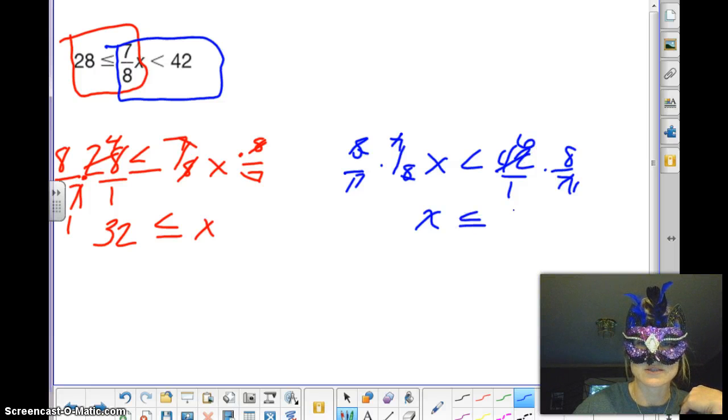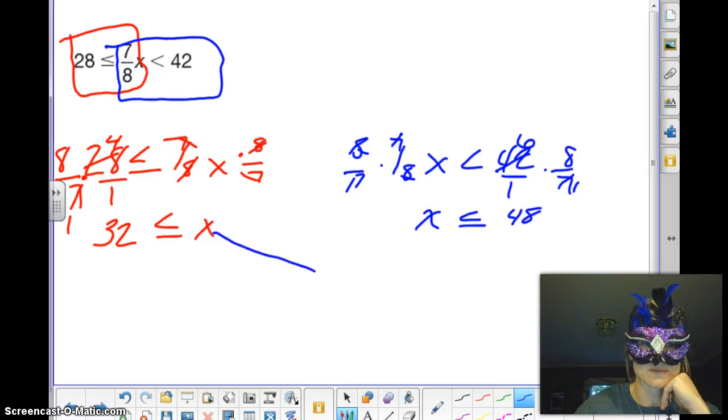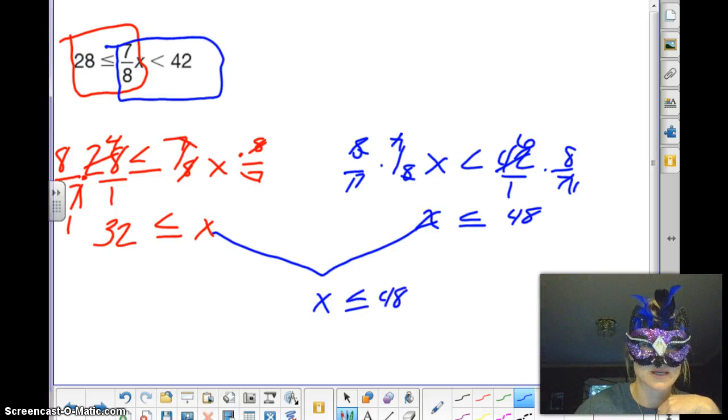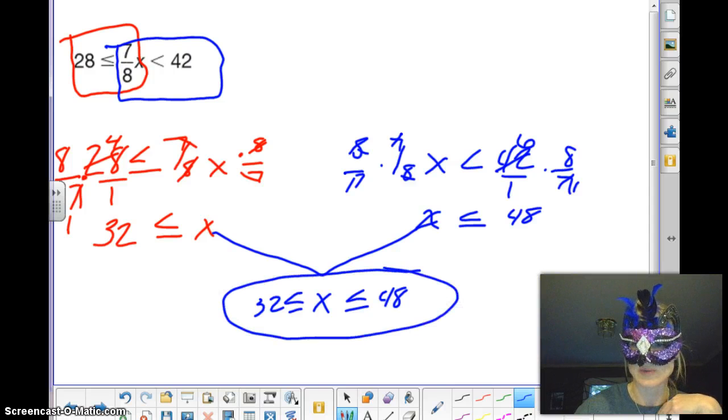Multiply straight across, and that will give me 48/1, or 48. So again, my x's are together here, so we're going to bring that down into 1. And then I'll bring down my right side of my equation, and I'll bring down my left side of the equation. And then this is it. Not too bad, right? You guys can do this.